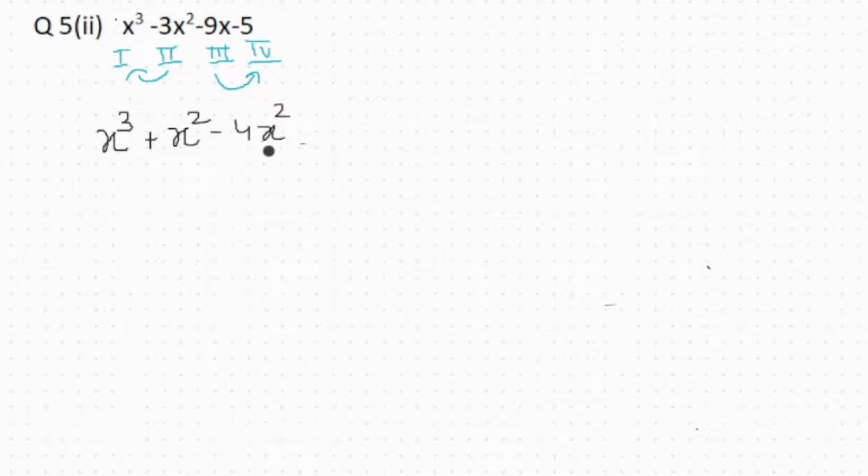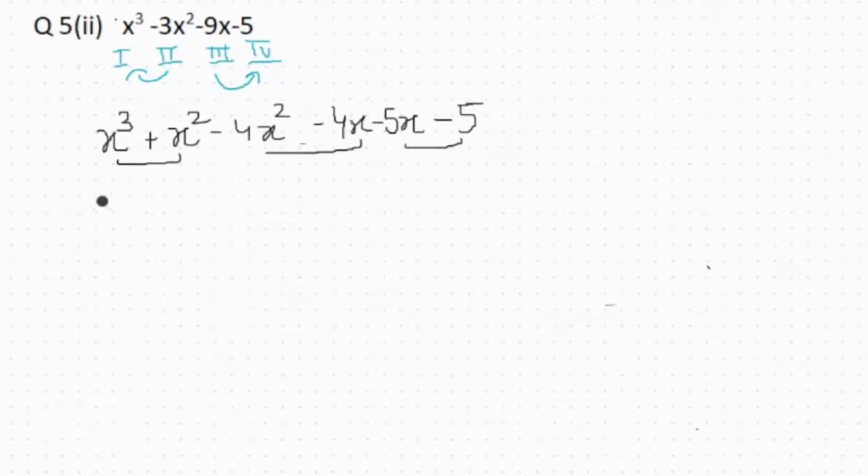Right, minus 4x square plus x square will give us minus 3x square only. Now we'll see the last term is minus 5. The coefficient of the last term is 5. So we'll split the third term by keeping minus 5x as it is, and here minus 4x. So you can see minus 4x minus 5x will give us minus 9x, the same term. Right. Now we can join these terms.